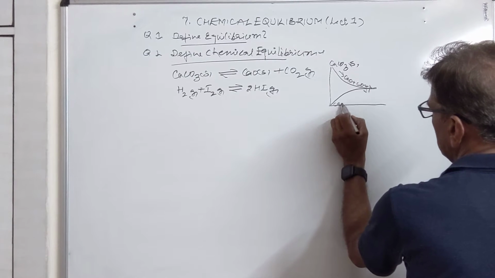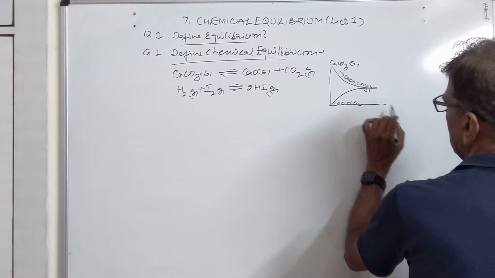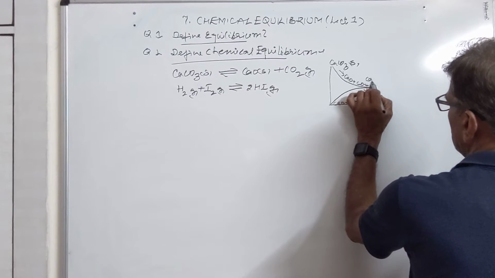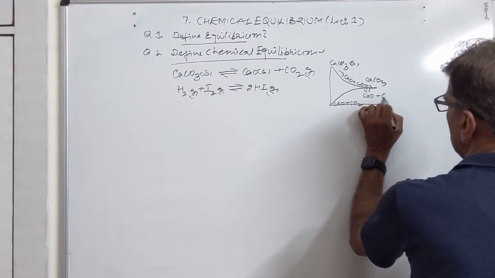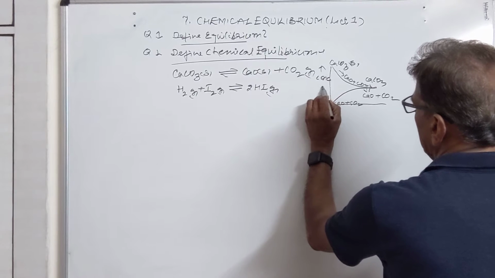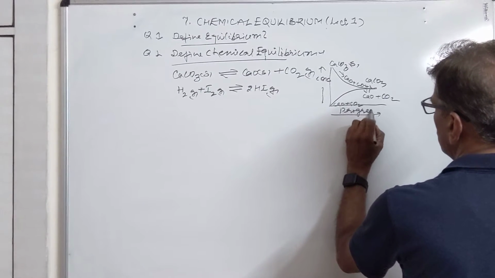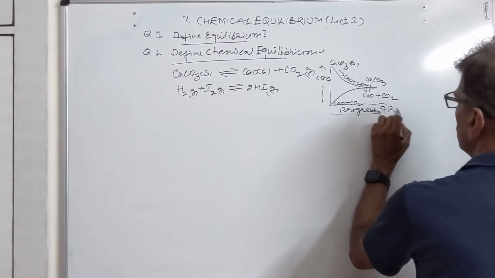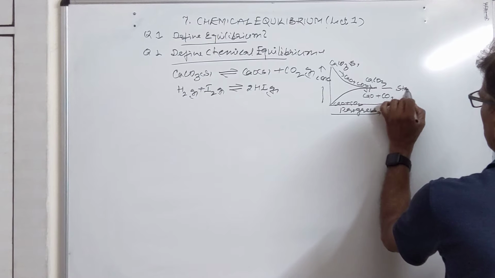Initially the concentration was very low, and with the passage of time it increases. Therefore, after some time there will be a state of equilibrium between CaCO3, CaO and CO2. This axis is the concentration of the reactant or product, and this is called the progress of reaction. This point represents the state of equilibrium.